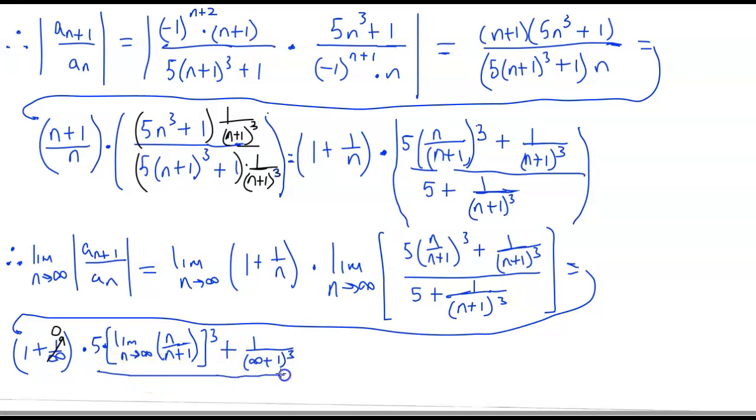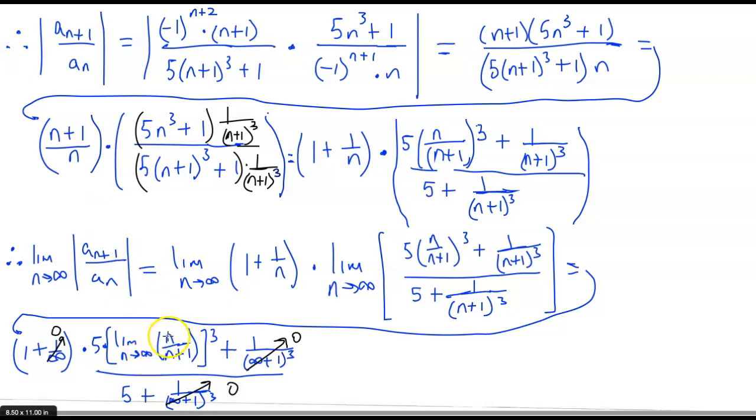I'm going to go ahead and write that in, and then 5 over 1 over infinity plus 1 cubed. Of course, this limit here would go to 0. This limit would go to 0.